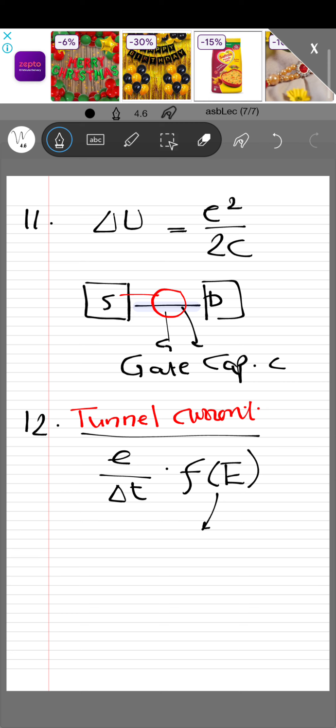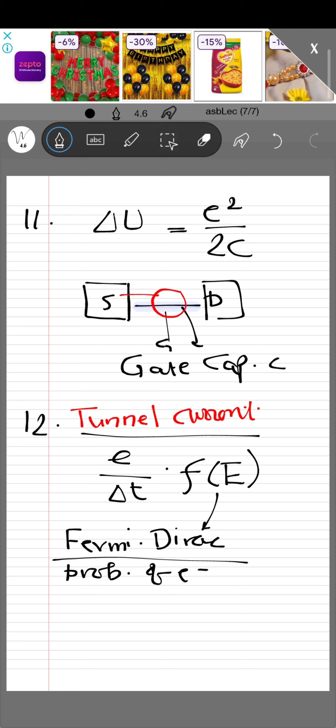So let's call it a Fermi-Dirac distribution or function. It describes the probability of an electron in a particular energy state in a system.